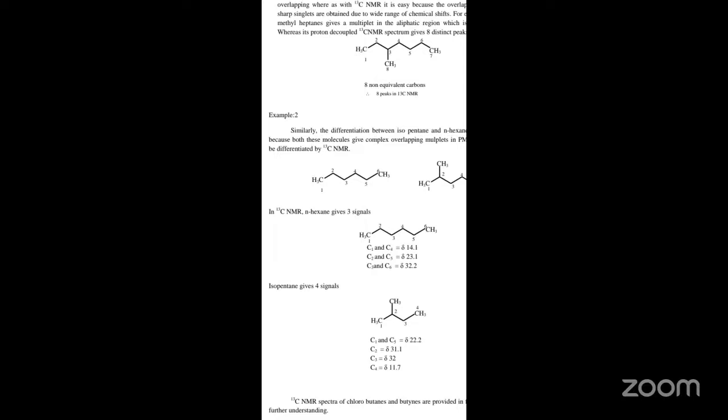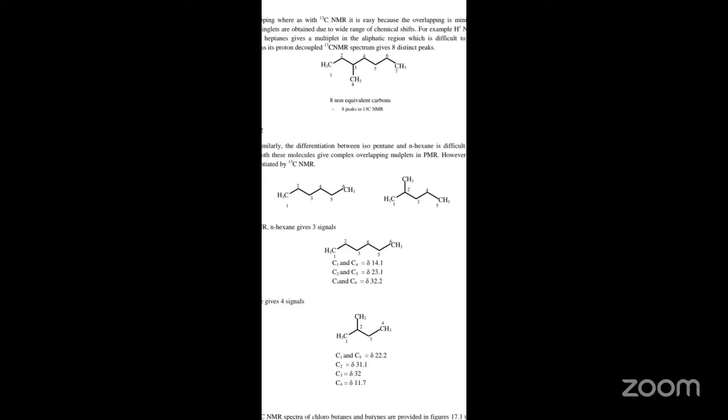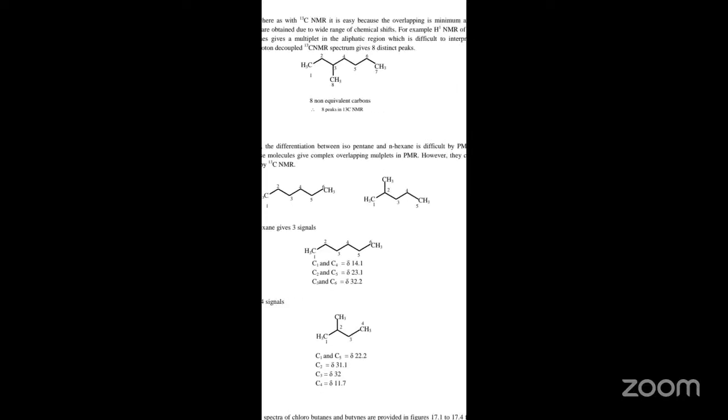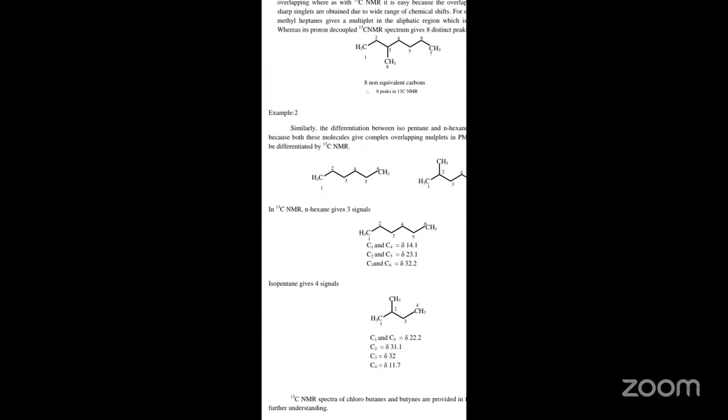Positional isomers and chain isomers can be identified with this C13 spectra. One example is given here: n-hexane, and here isopentane.